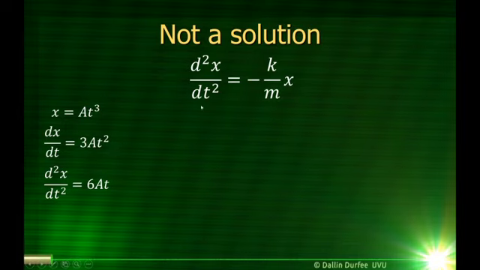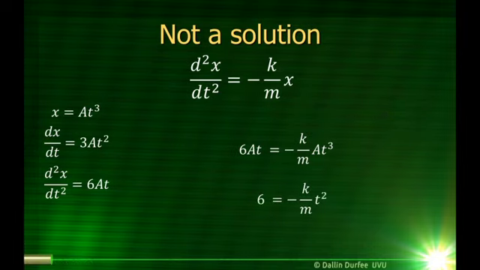So now I will plug that in for the second derivative of x, 6 times a t, and then I have minus k over m times x, and for x, I'm just going to plug in a times t cubed. Well, the a on both sides cancel, and one of the t's, and this simplifies to this equation here. Does this equation make sense? 6 is equal to negative k over m times t squared. This implies that there's only one time, right?